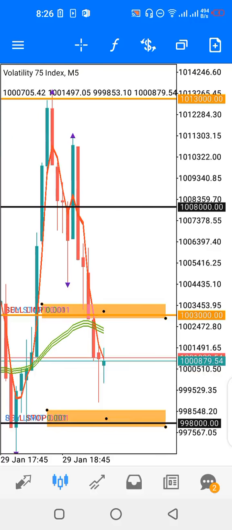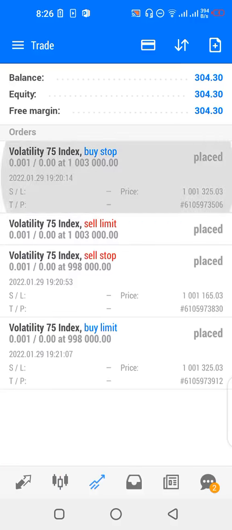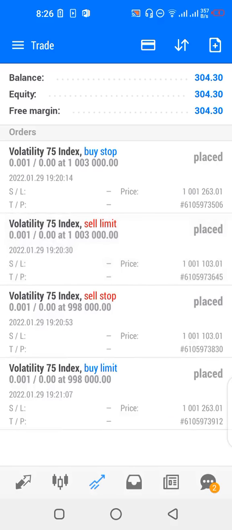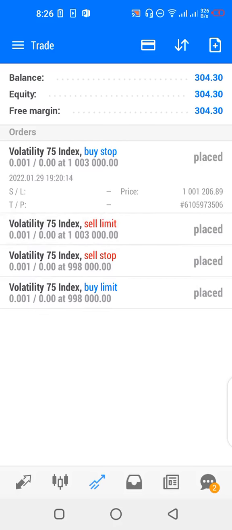As soon as any of these gets triggered, I'll delete. If this buy stop gets triggered, the buy stop goes with the sell limit, so I'll delete the sell stop and the buy limit, then introduce the hedge. This buy stop will turn to a buy order, and the sell limit will turn to a sell order.